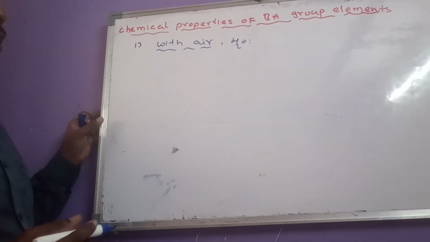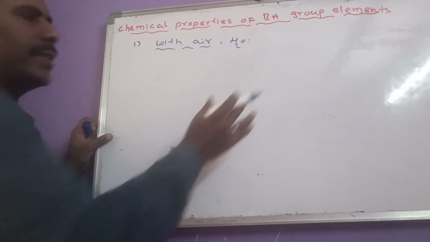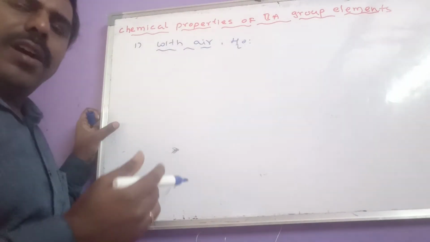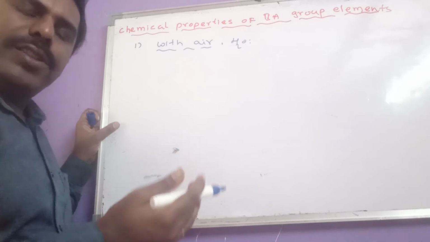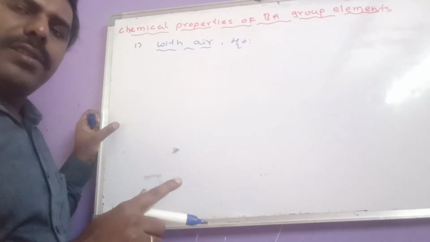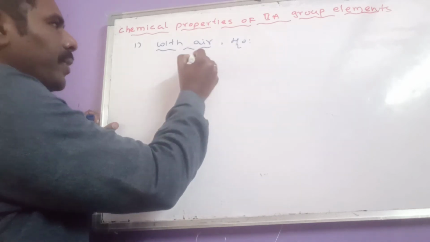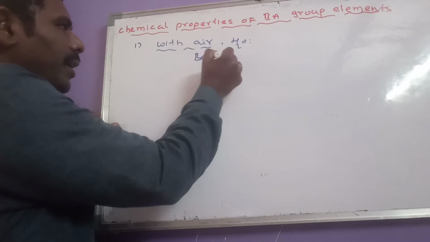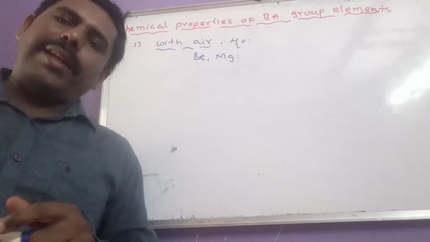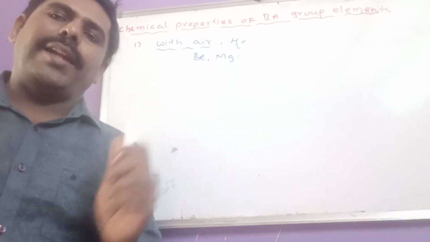So, see here. Now, when alkaline earth metals react with oxygen or with air, they form which one? Oxides and nitrides. But in this, one important thing, let us come to know what that is. Beryllium and magnesium are chemically inert to oxygen and nitrogen.